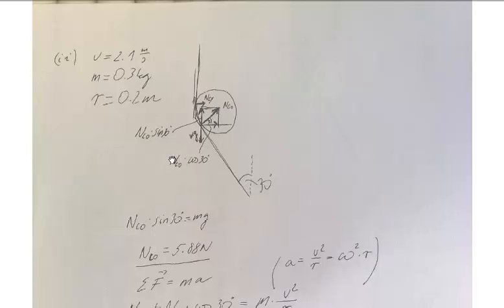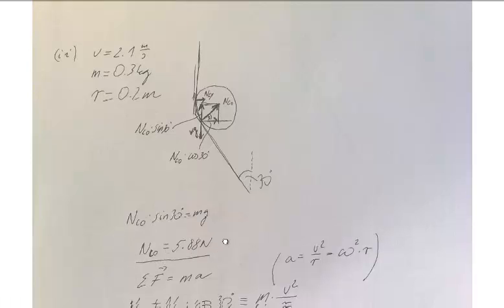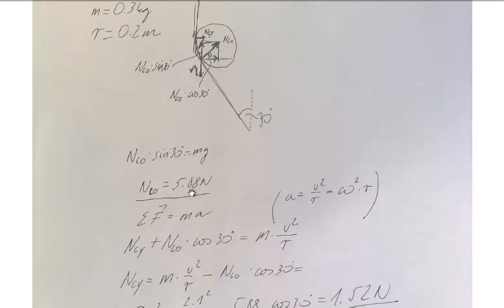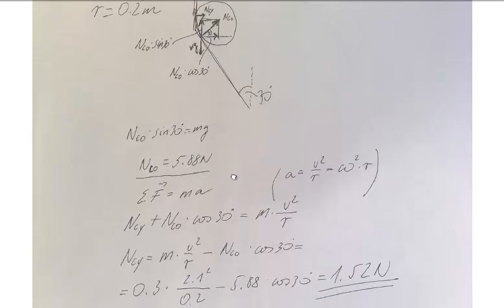This is N_co times cosine 30 degrees, and this component is this, and here is the gravitational force. As before, N_co times sine 30 degrees is equal to m times g, so N_co is equal to 5.88 newtons.